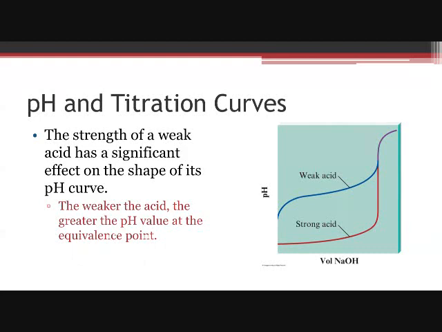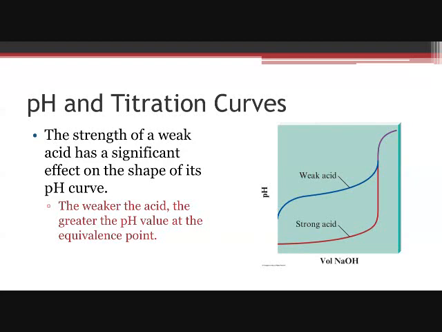So if you have a strong acid with a strong base, which sodium hydroxide is a strong base, then it's going to be a really low pH, and then all of a sudden it will drastically jump up, and then it will be a very high pH. So you'll have a very tall length of almost vertical line. It's not quite vertical, but almost when it's strong.